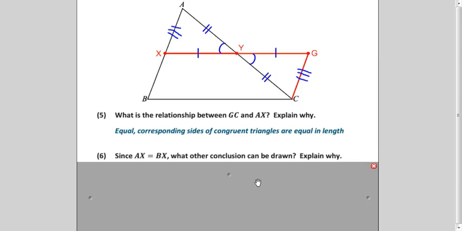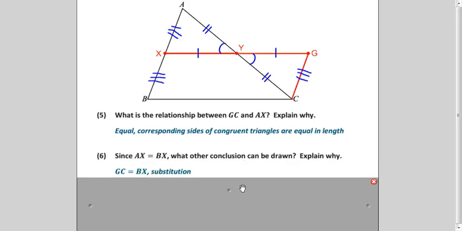So, since AX equals BX, what can we talk about here? Well, AX equals BX down here. So that must mean that BX equals GC. That's just substitution.